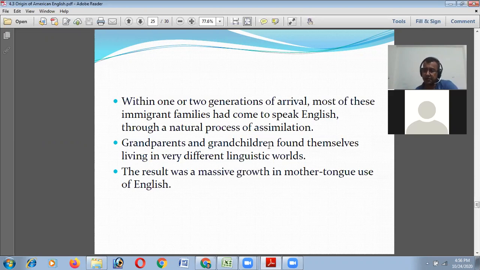The vast number of immigrants came to America in the 20th century, but when the second generation came, they started using English as their first language. In such a way, the number of mother tongue users of English in America increased massively.